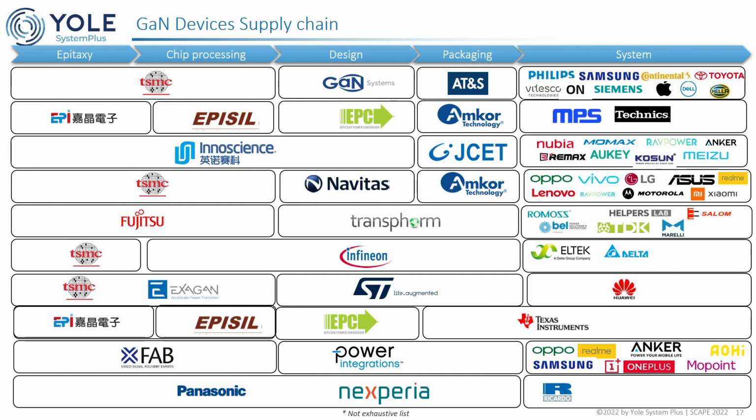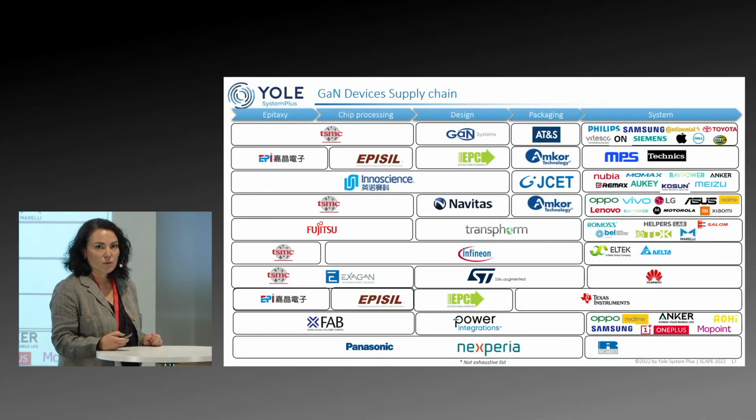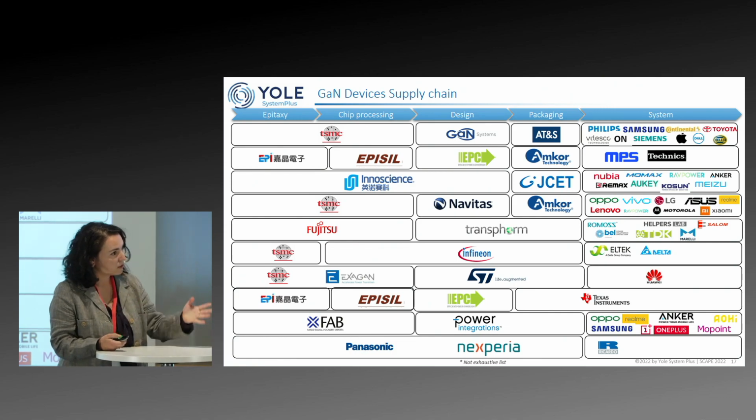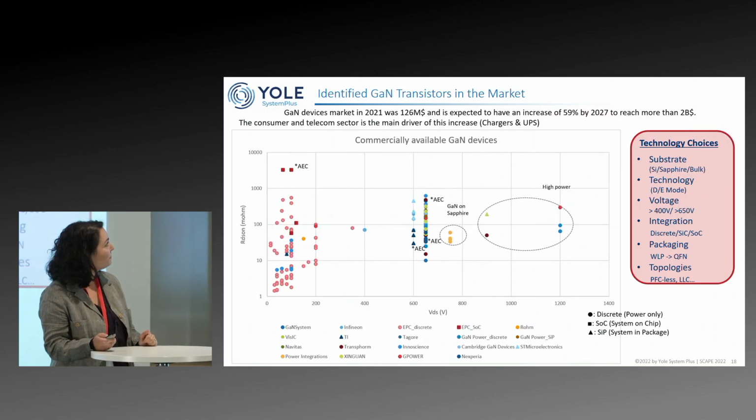There are many more pure designers, and fewer people who have the complete supply chain. But the advantage is to use a silicon fab, actually. And in terms of systems, it's quite interesting because you have systems for consumer, industrial, and automotive integration.